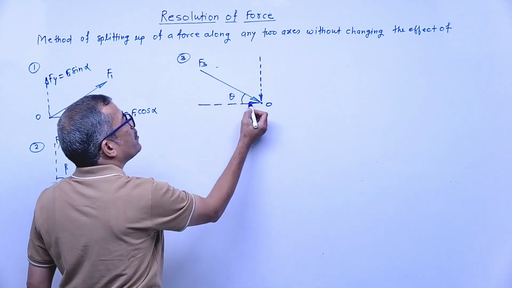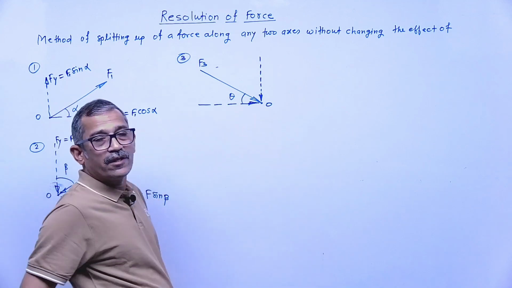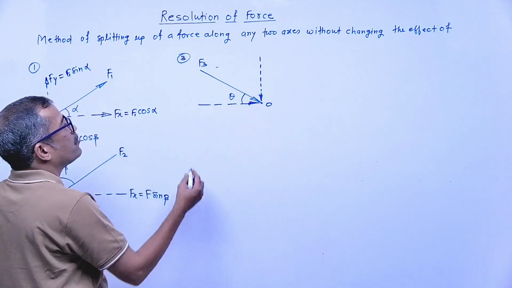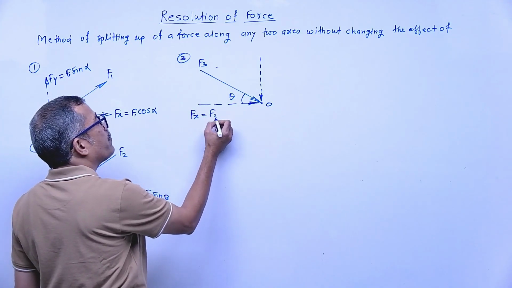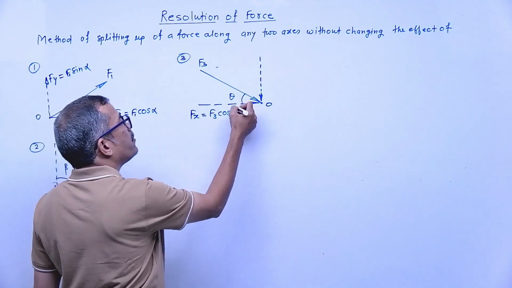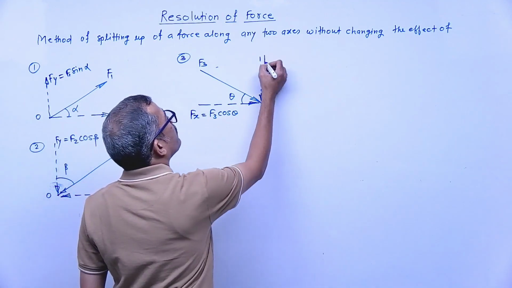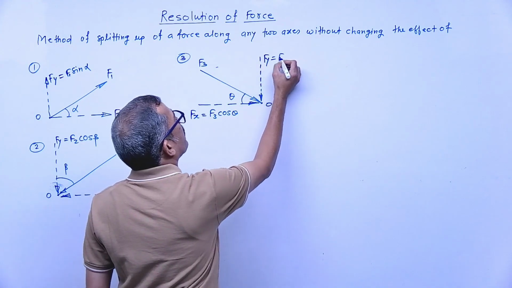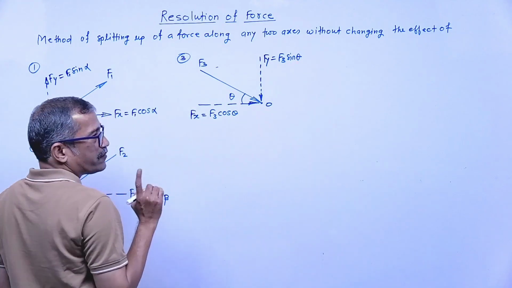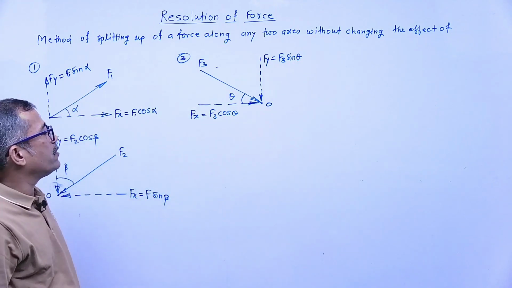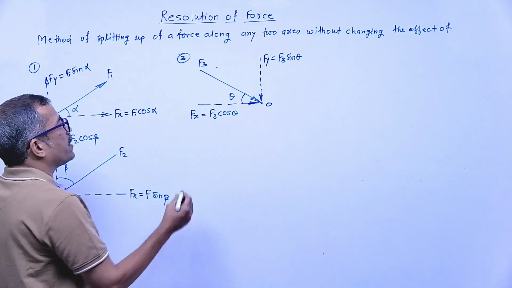This horizontal component must be rightward, vertical component downward. Angle is given with horizontal, so Fx becomes F3 cos theta, and Fy is F3 sin of theta. Clear? Angle is with horizontal, horizontal component cos, vertical component sin.